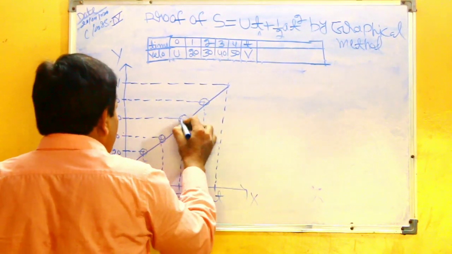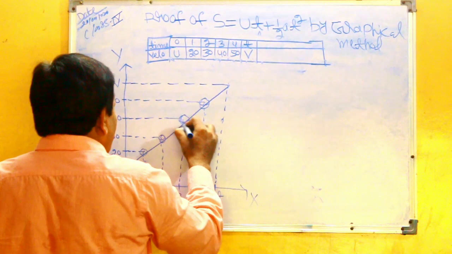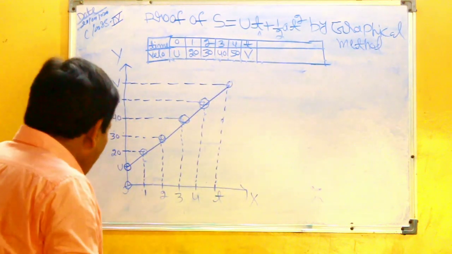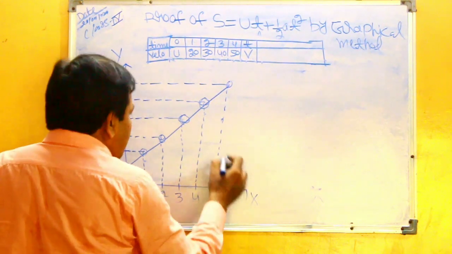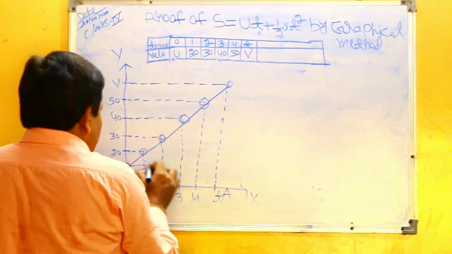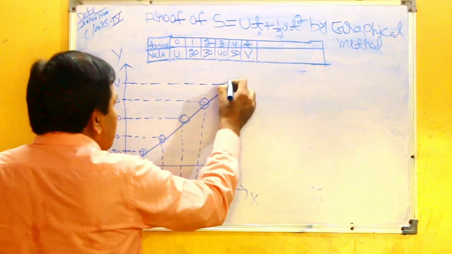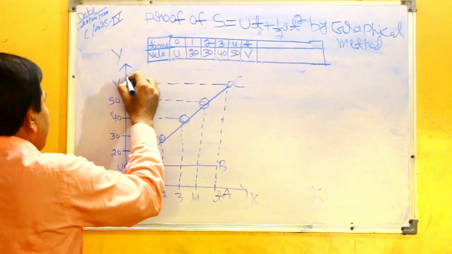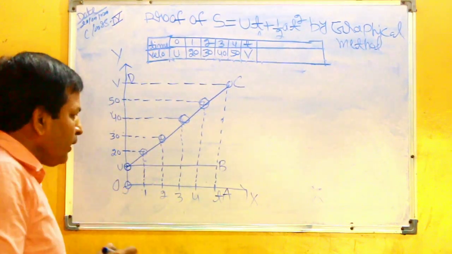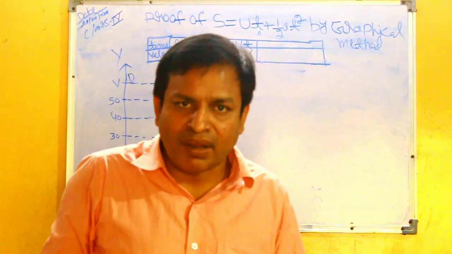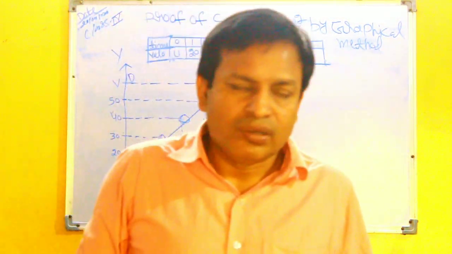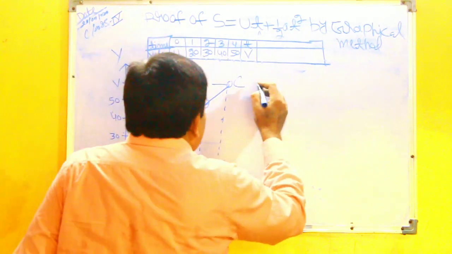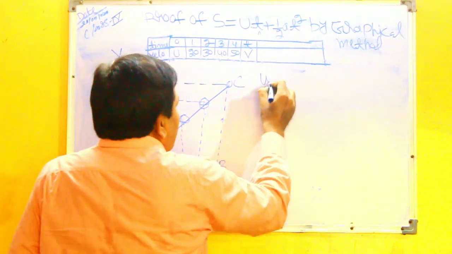We get the velocity time graph. We mark the points O, A, B, C and D. And we know that the distance covered by body is equal to area under the velocity time graph.